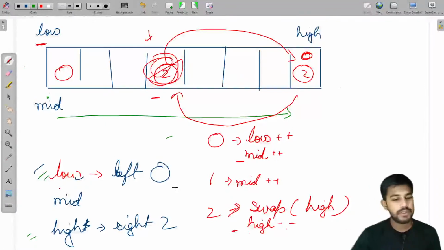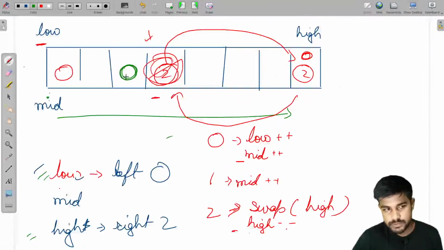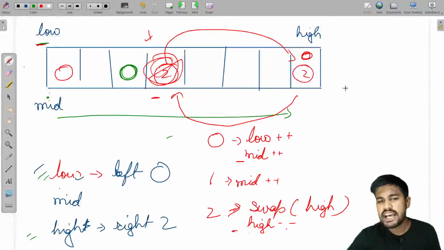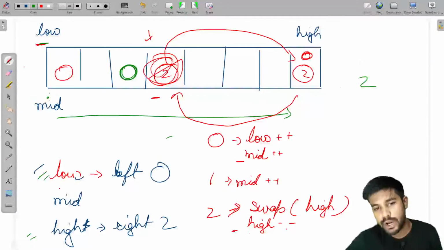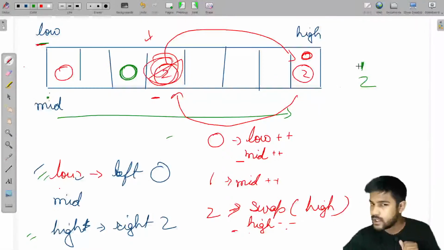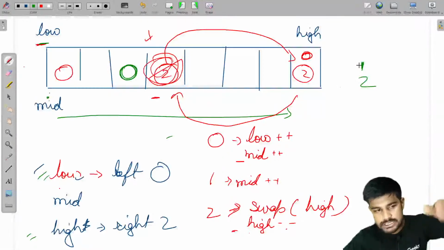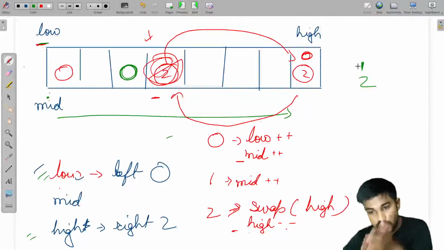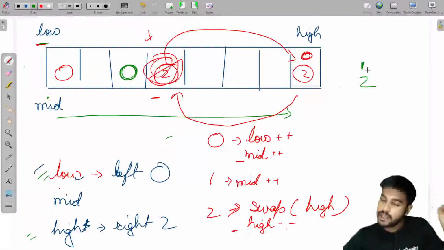I am telling you. Suppose this is a 0 itself. So we know that the low's left would contain the elements either 2 or 1, not 0. Why not 0? Because if it was 0, then the low would have moved ahead, and what we have done is that the left of low would contain 0.